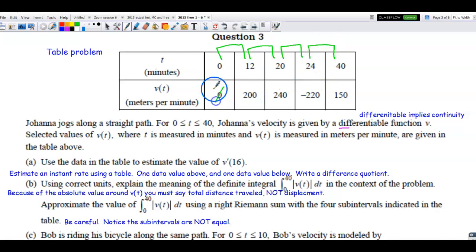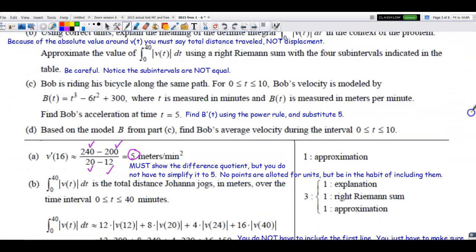We're doing a right sum, so this would be right endpoint number 1, or height number 1, height number 2, height number 3, and height number 4. And then we have a base of 12, a base of 8, a base of 4, and a base of 16, 24, 30, yeah, base of 16.